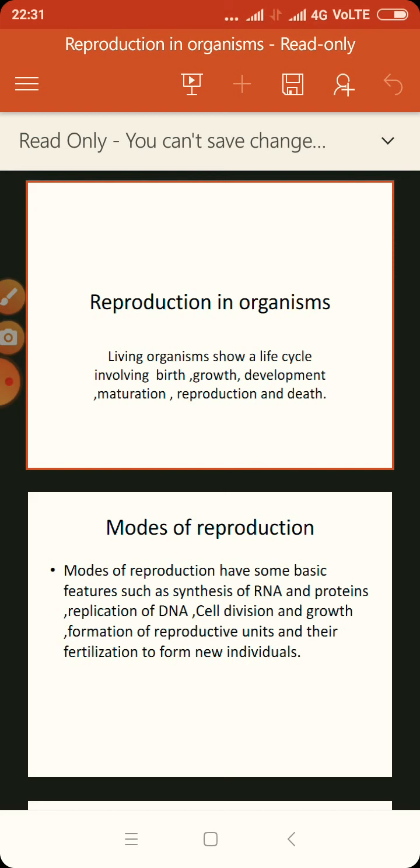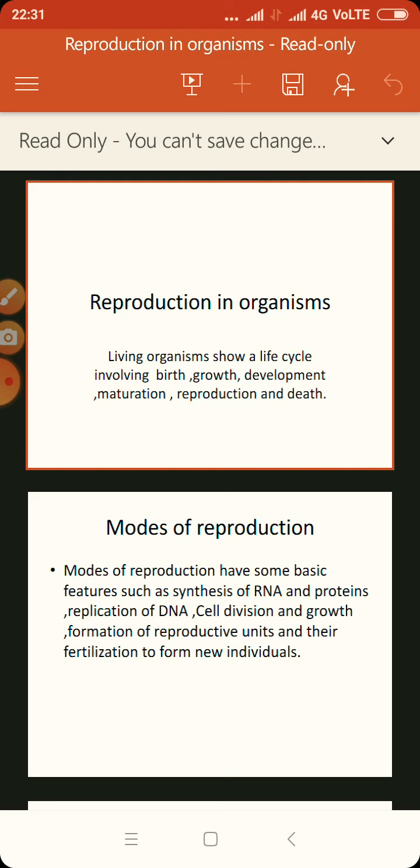Reproduction is one of the very important characteristics we see in living organisms. When we try to define reproduction, we say that it is a process where every living organism, in order to maintain its own species, tries to produce one more of its own type.